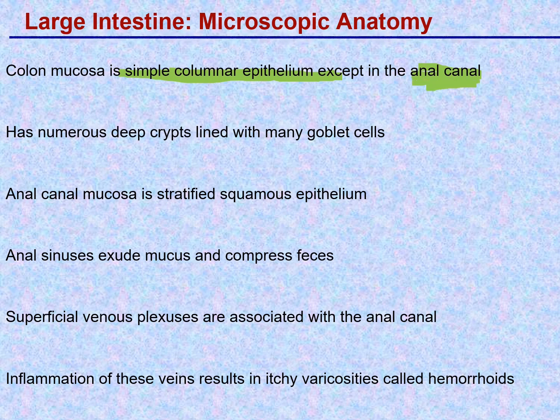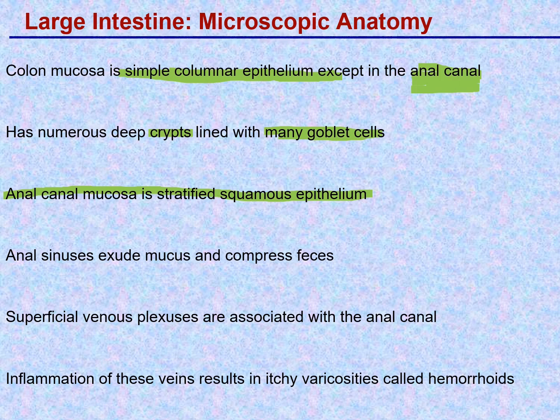It has numerous deep crypts lined with many goblet cells producing mucin, secreting it out. It becomes mucus to help move the fecal matter along the length of the large intestine. As I said in the last section, in the anal canal it is not simple columnar, but is stratified squamous epithelium.